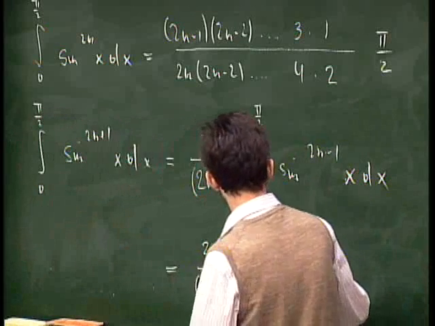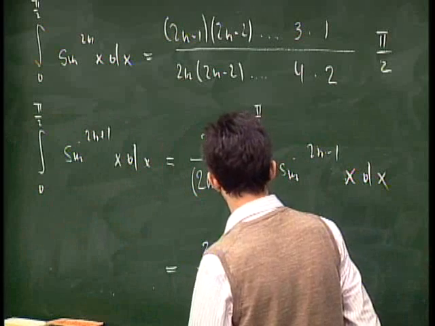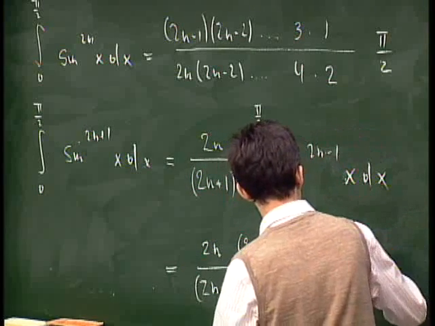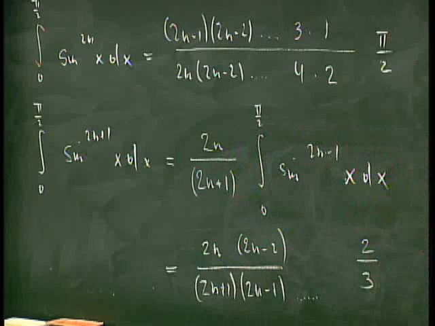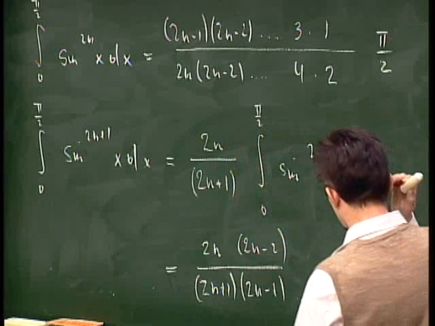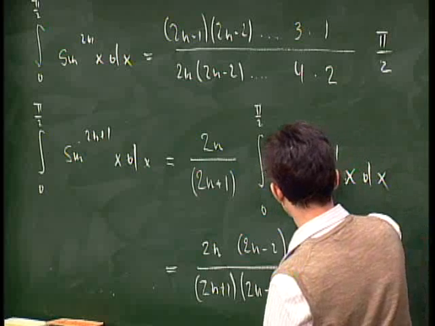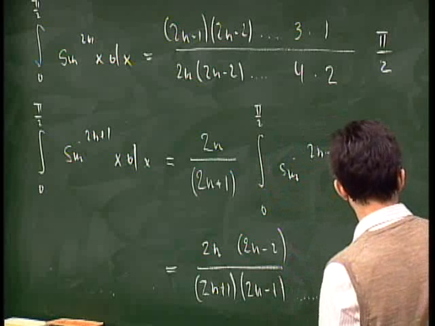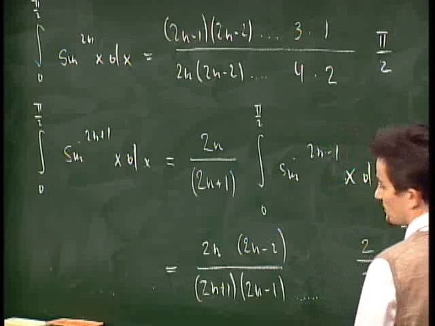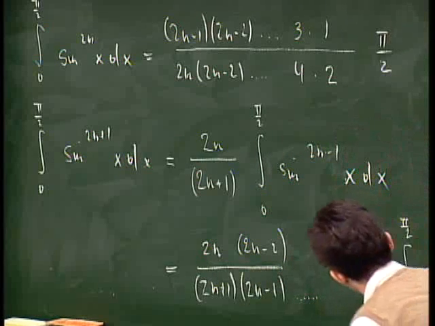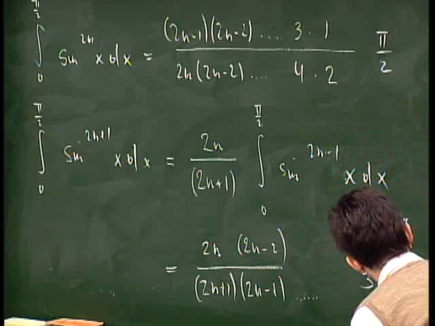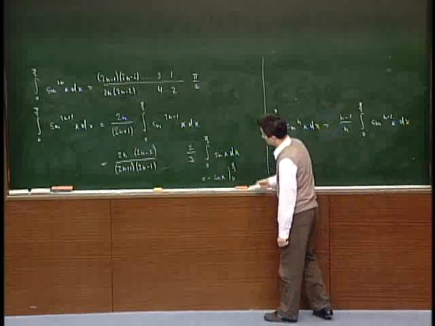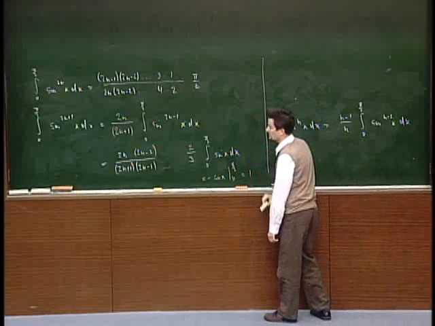If you keep on doing this, for the last one you will end up with 2, and here you will have a 3. In this case n is equal to 1. So what you have here is the integral from 0 to pi half of sine of x dx. But this will be minus the cosine of x evaluated at 0 and pi half. At the upper limit it is equal to 0, at the lower limit it is equal to 1. So this is 1 here.